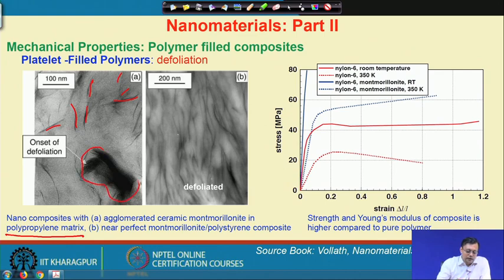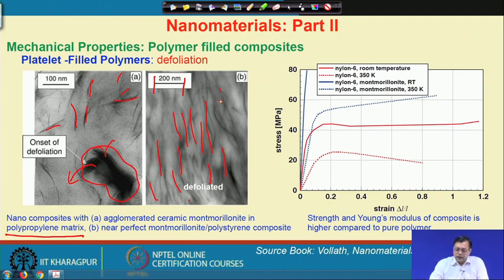However, there is a large agglomerated particle which is not beneficial for any composite, and we need to exfoliate these particles and distribute them more homogeneously. So, this is a distribution of exfoliated particles. You can see this is a length of 200 nanometer. These platelets are quite widely and homogeneously distributed.